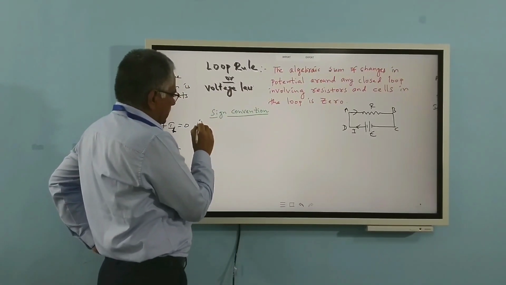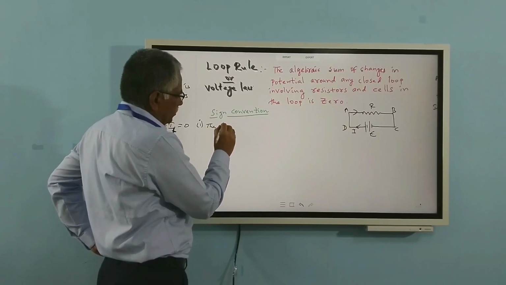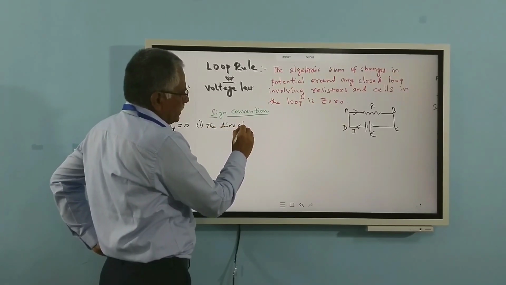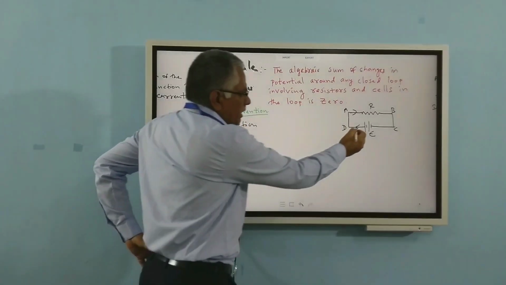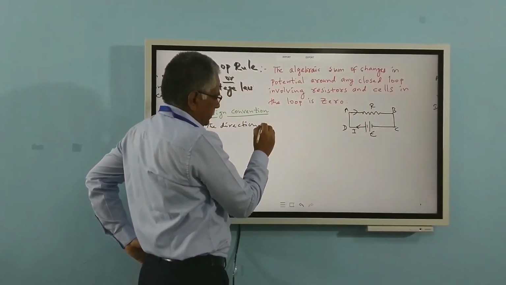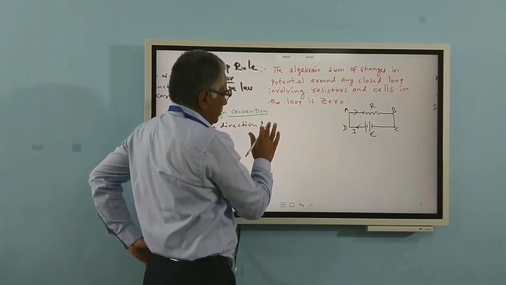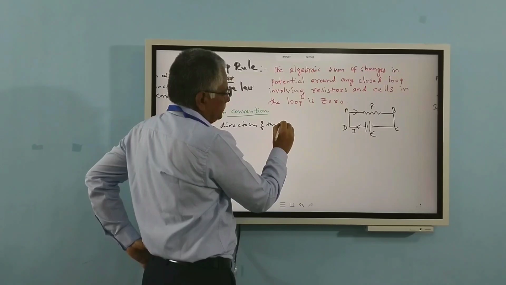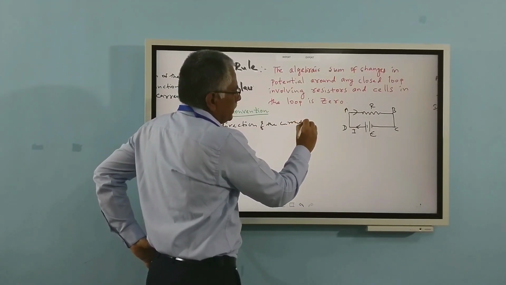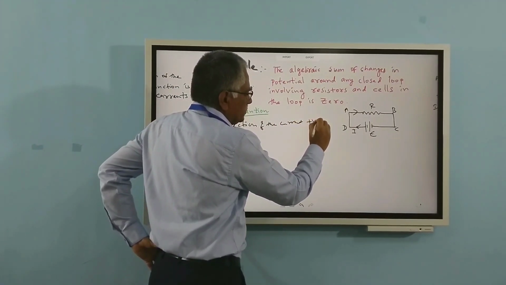Sign convention 1. When we move along the direction of the current, it is negative.